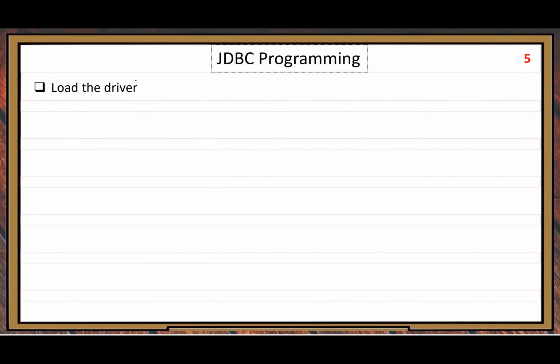Now the JDBC programming part. The first step, load the driver. How to load the driver manually. Yes, this line. Capital Class, that's the Java class. In Java, there is a class called Class.